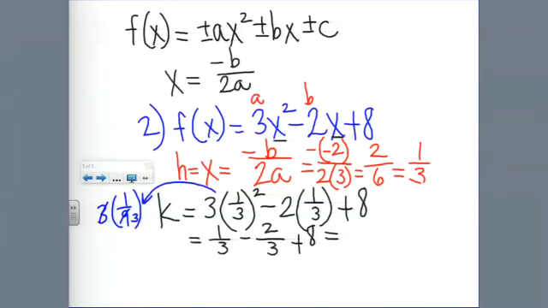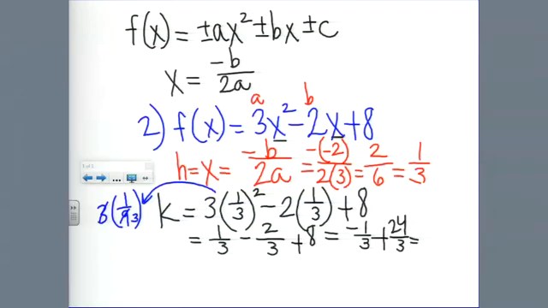We can combine the fractions because they have the same common denominator. So that would be negative 1/3. And to make it easier to combine, I'm going to rewrite the 8 as 24/3.